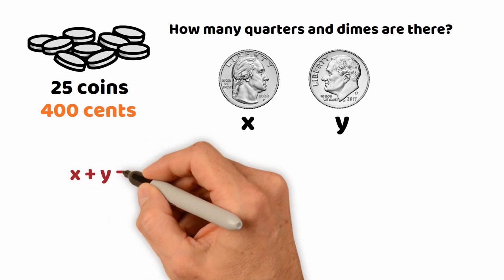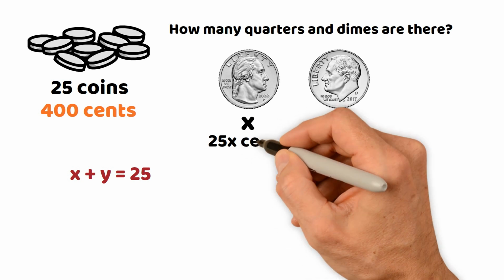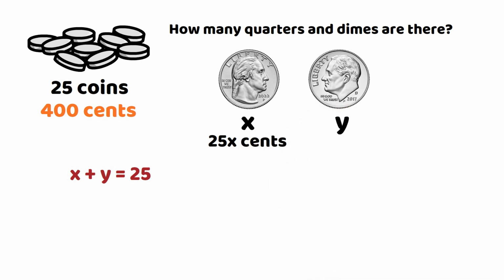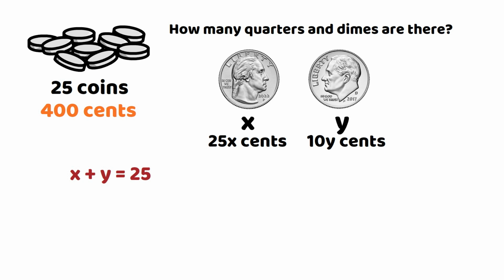The first algebraic equation would be expressed by x plus y equals 25, because the number of quarters and the number of dimes sum up to 25. Since each quarter is 25 cents, if there are x quarters, we have a total of 25x cents. Similarly, since each dime is worth 10 cents, if we have y dimes, then there's a total of 10y cents.